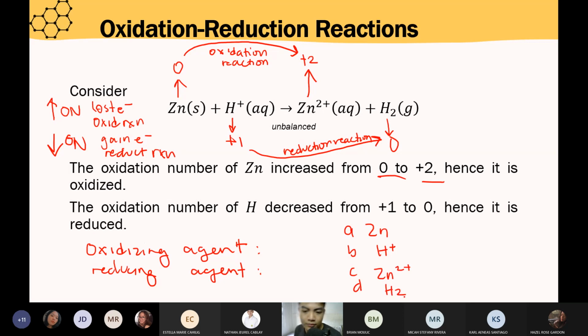Okay. So, this is what you'll do when you take the quiz. Suppose you're asked, which is the oxidizing agent, which is the reducing agent, A, B, C, D. Remove the products from the options right away. Why? We don't have any term for products. The terms oxidizing and reducing agents are only applicable to reactants.